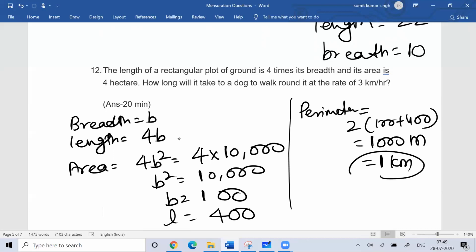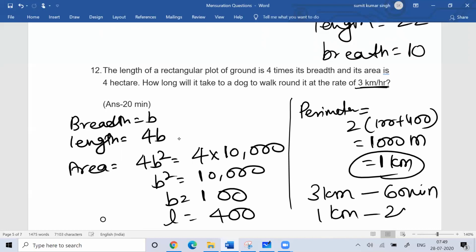So the perimeter of the rectangle is 1 kilometer, and the speed of the dog is 3 kilometer per hour. So it goes 3 kilometer in 1 hour, means 60 minutes. So 1 kilometer it will go in how many minutes? That would be 20 minutes.